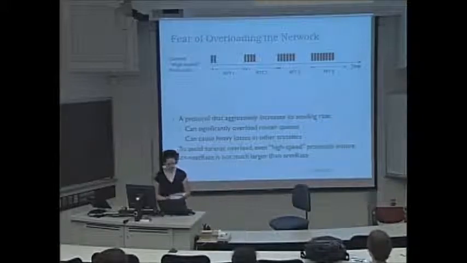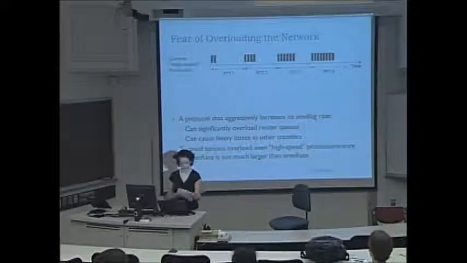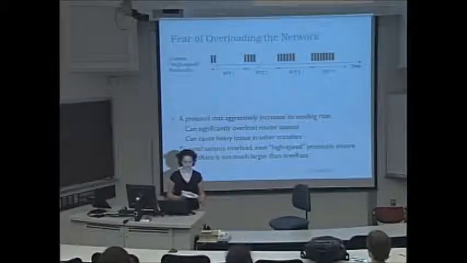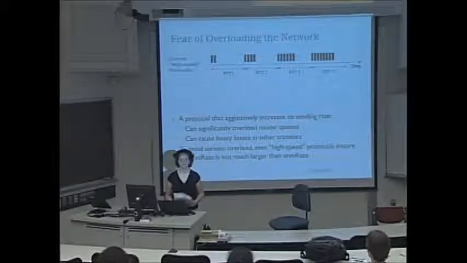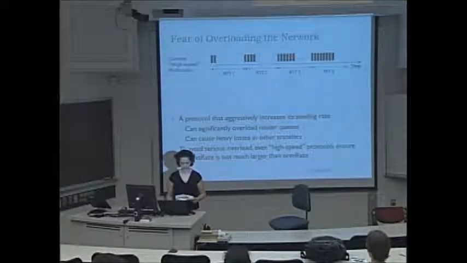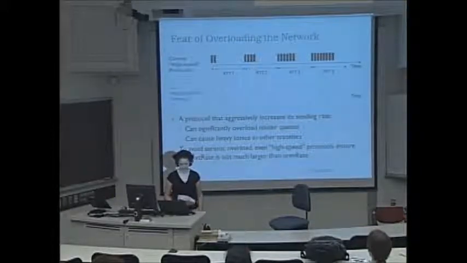The problem is that even high-speed protocols are cautious about increasing their rates because of fear of overloading the network. And let's say that a protocol aggressively doubles its rate after each RTT.